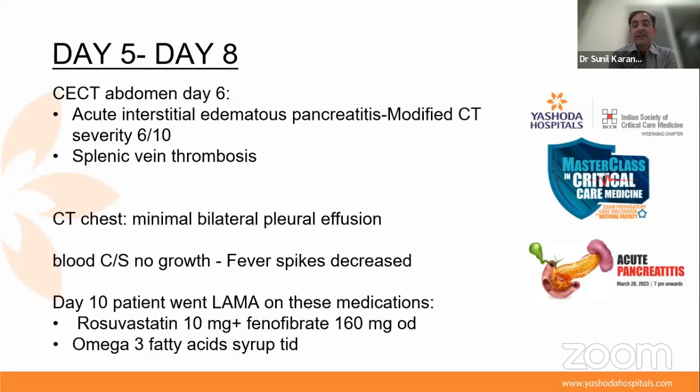So nasogastric, if not possible nasojejunal, do everything possible. By days 6 or 7, if you're not able to achieve targets, only then we think about parenteral nutrition, because enteral is the best possible to prevent translocation of bacteria also. It will be more helpful.